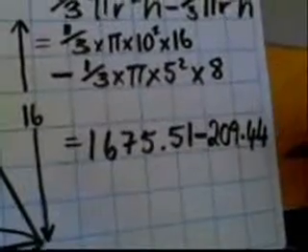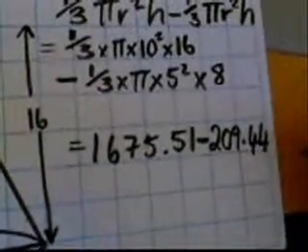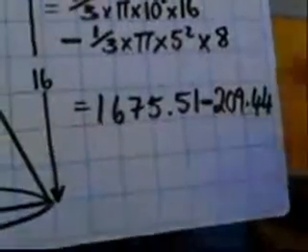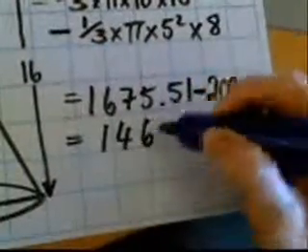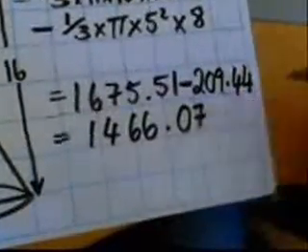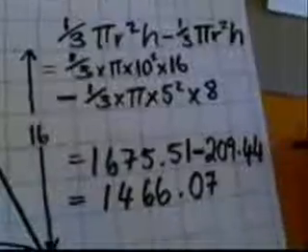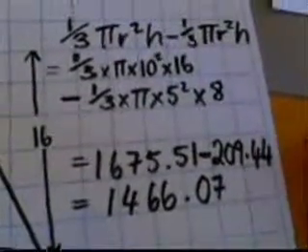If you subtract 209.44 from 1675.51, you should get the answer of 1466.07. That may vary depending on what you rounded your decimal place to.